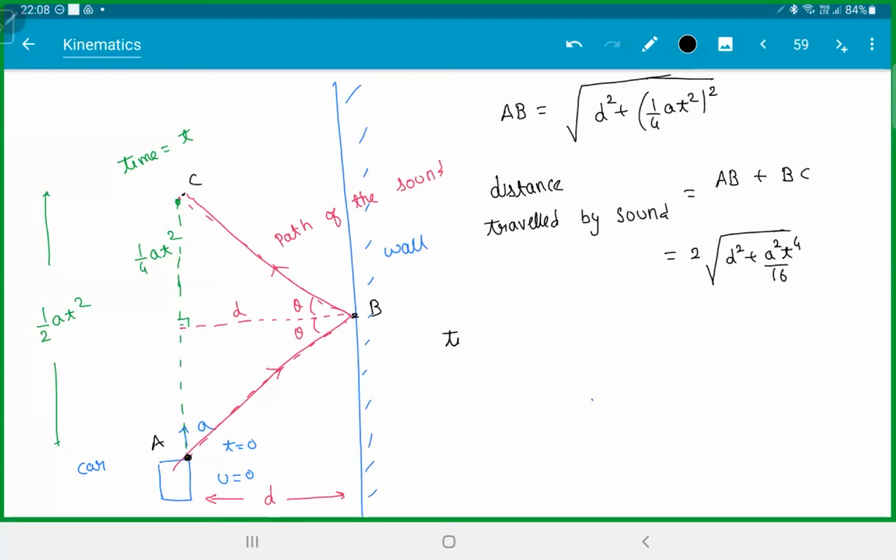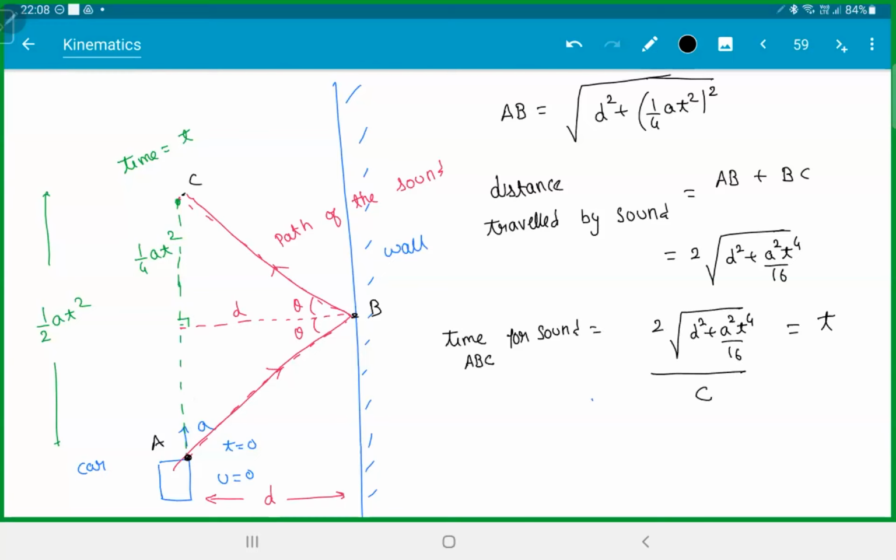And what is the time taken for the sound to go from A, B, C? It will be distance by speed: root over d square plus a square t power 4/16, times 2, by the speed of sound c, is nothing but t only, isn't it? The time taken for the vehicle to go from A to C is equal to the time taken for the sound to go from ABC.